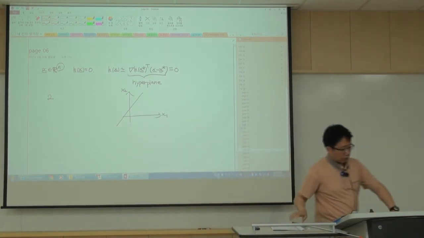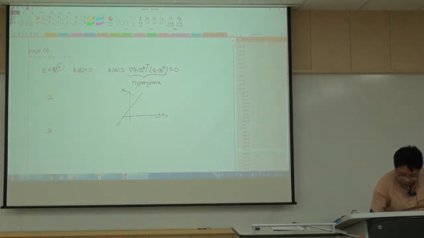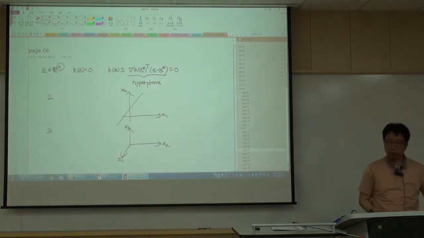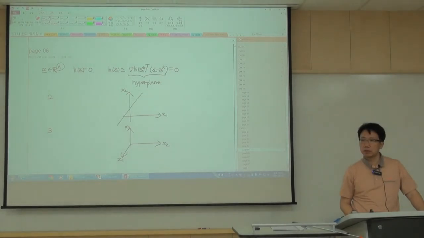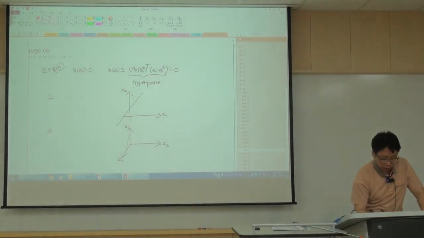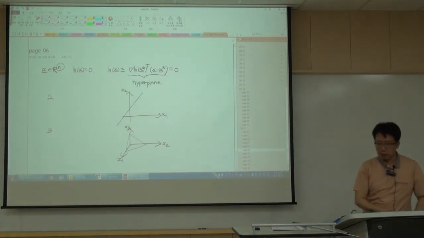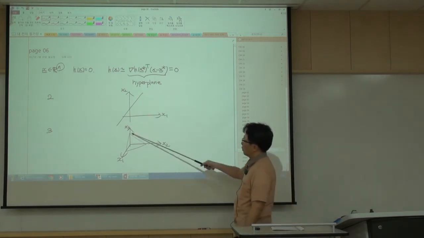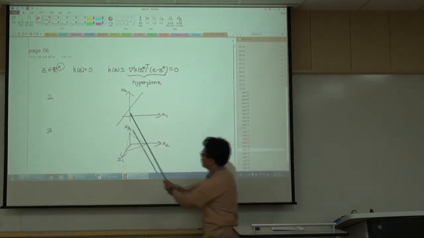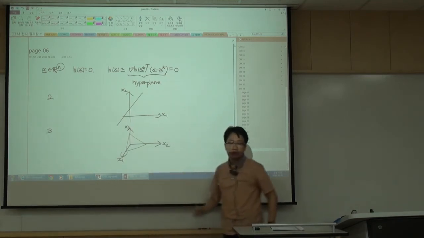In three-dimensional case, what do we have? Let's say that this is a simplex. This is a triangle. Now let's expand that one to infinity.